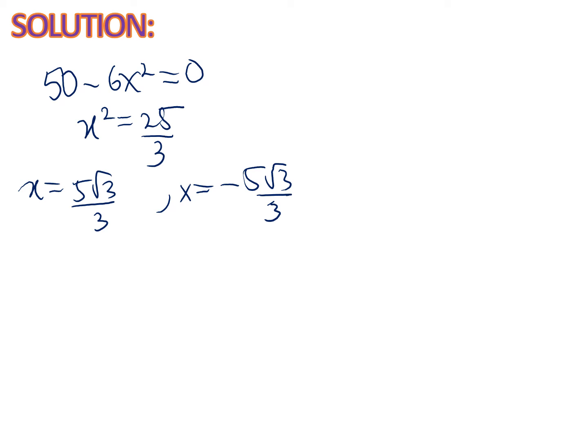Then I want to test this value by using the first derivative test. But now we are dealing with length, so we will exclude negative 5 root 3 over 3, because logically length cannot equal a negative. So I'll test 5 root 3 over 3 only.